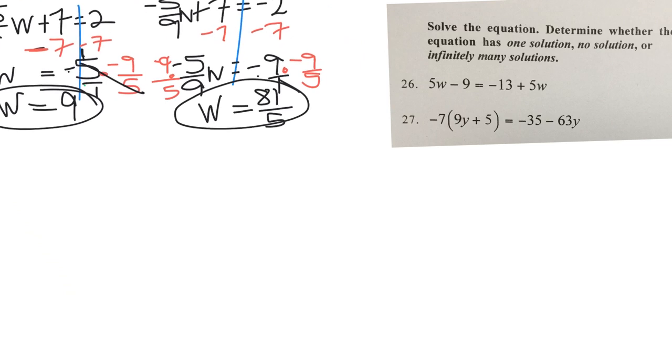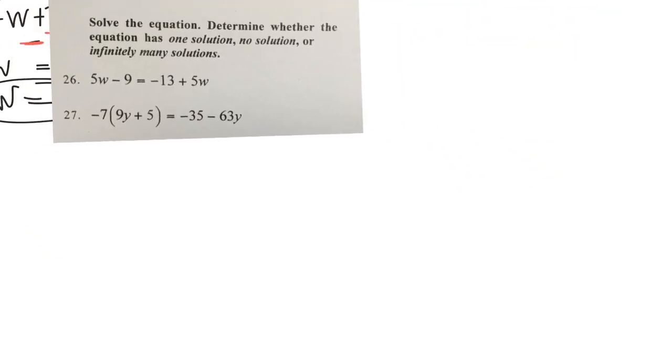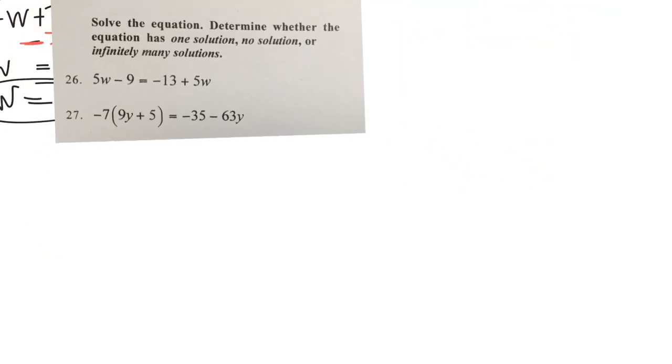Okay, so I'm going to move this one out of the way so we can do these two. Now we're just going to solve them, and then if there's a solution, we're going to state it. If there's not, we want to determine whether it's no solution or infinitely many. So 5w minus 9 equals negative 13 plus 5w.